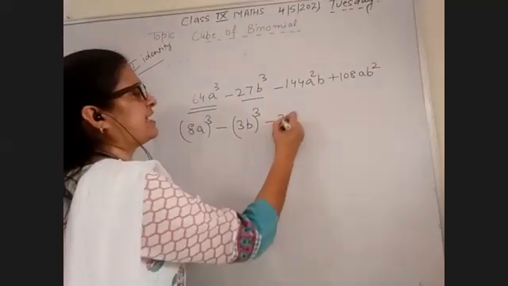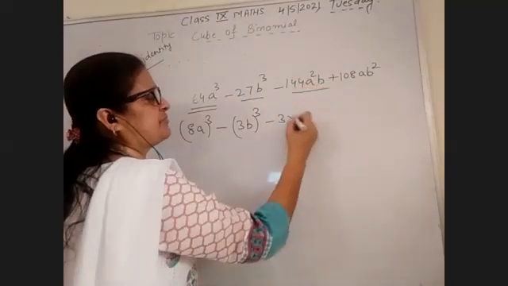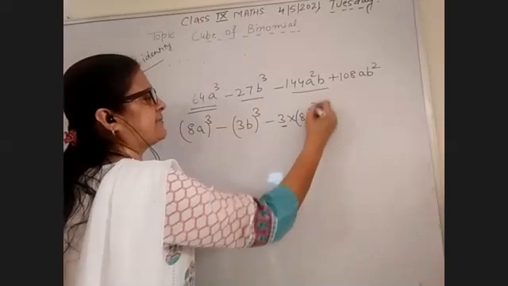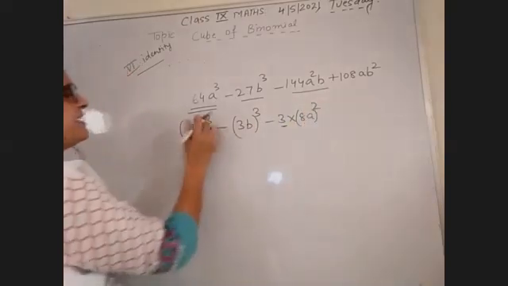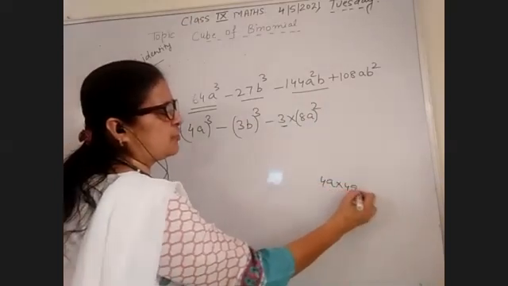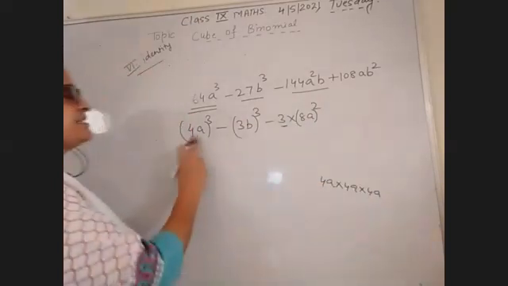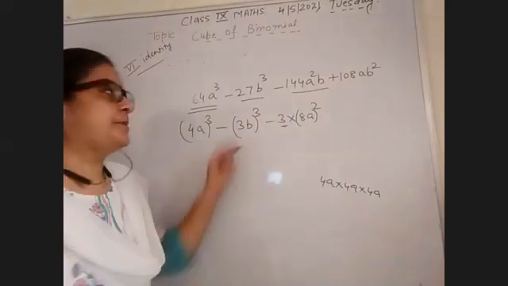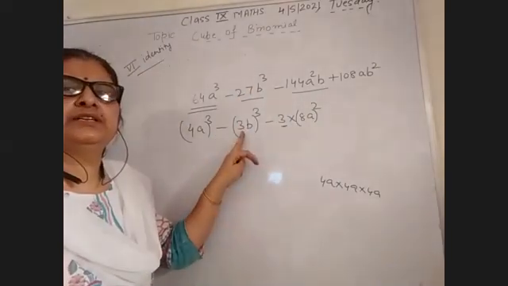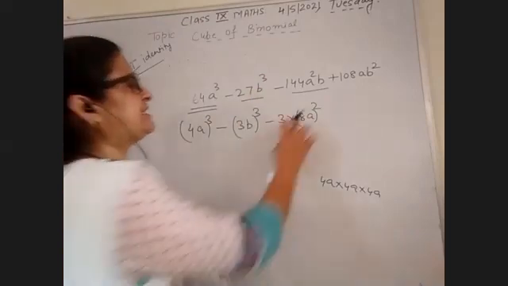And how will you write 144a square b? 3 into a is given 8a square, and sorry, not 8a cube, 4a cube. When you multiply 4a into 4a into 4a, it is equal to 64a cube, and 27b cube is equal to 3 into 3 into 3, which is 27.